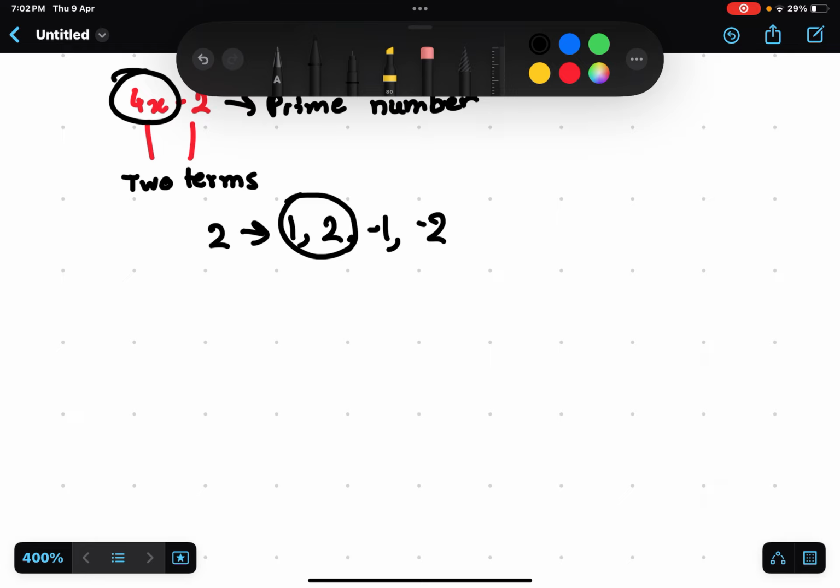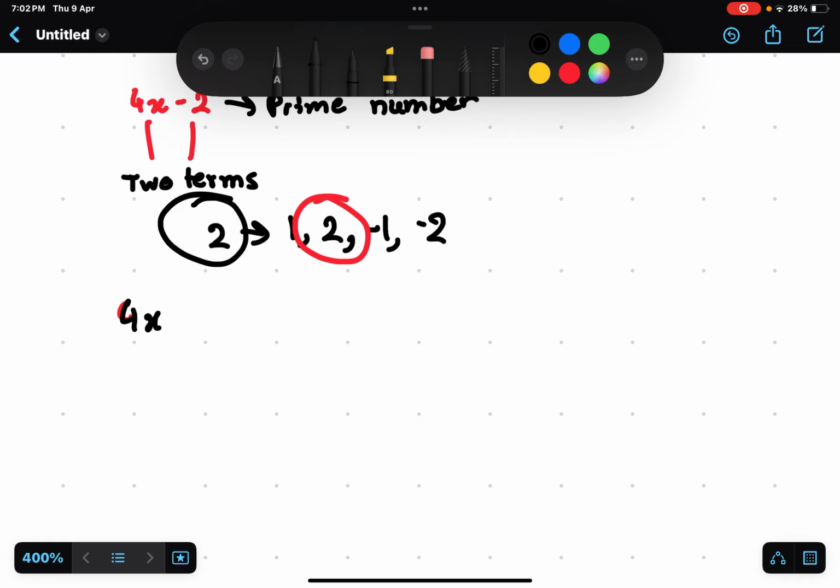Let's keep everything nice and positive and just leave the negative in negative 2 where it is. So far, we can see that the biggest factor of 2 is 2 itself, right? And if we look at 4x, its factors are 1, 2, 4, and x.